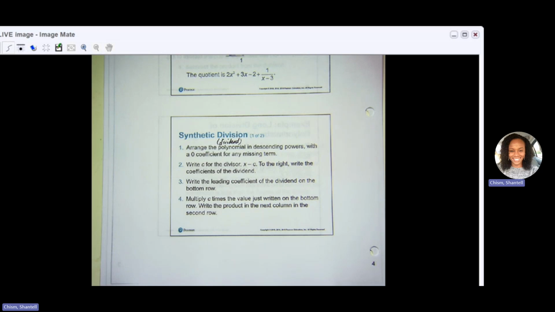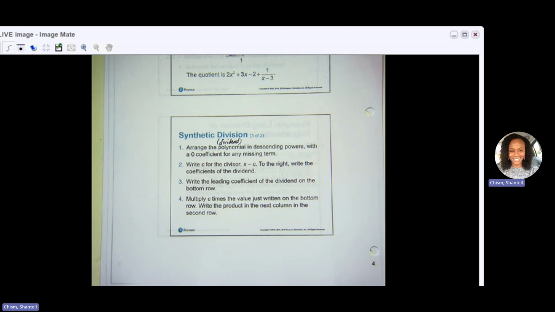So that means every term has to be represented. If it jumps from x cubed down to x, that means the x squared term is missing. You've got to put in a 0 there, okay? And I'll show you as we walk through it. So we'll arrange the dividend specifically in descending powers, with a 0 in place of any missing terms.